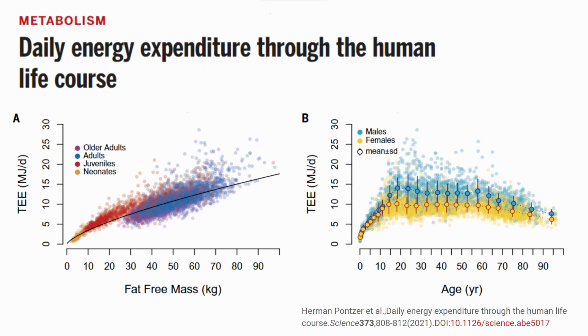What if you have a reduction in uncoupled respiration? In that case, you're going to start using less fuel to maintain the same amount of ATP. You might even start accumulating fats because you're not utilizing the food you're eating as much as you're supposed to. So, changing these mitochondrial factors can affect your daily energy expenditure, and at different stages of your life, it's going to affect you differently.